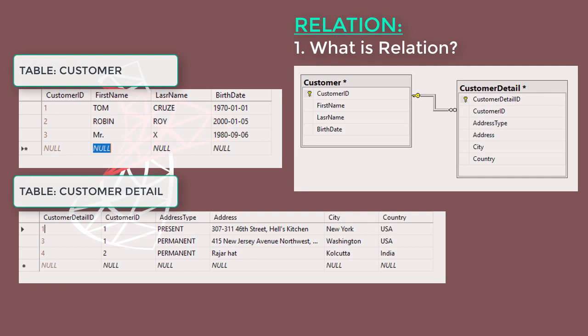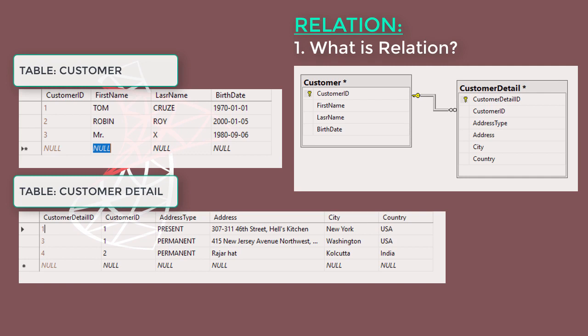So relationship creates a link between two tables. Database engine uses this relation to find out records spread over multiple tables. Relationships are defined on the basis of matching key columns. In SQL Server, these relationships are defined using primary key and foreign key constraint.